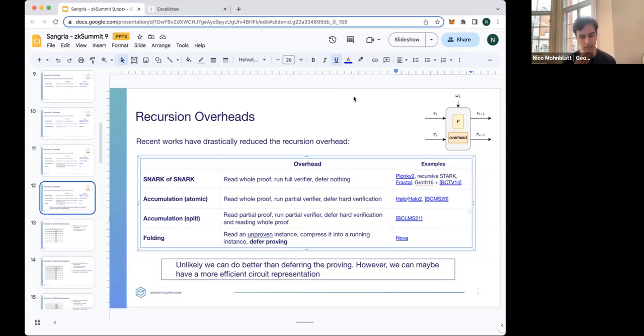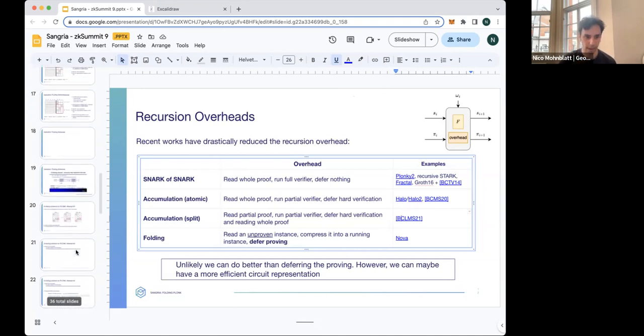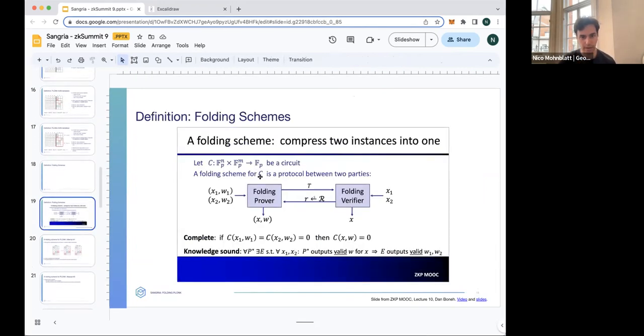The problem is you once again sort of lose the definition of folding scheme. You no longer have instance witness pairs of one relation being folded into an instance witness pair of the same relation. You're tinkering with the relation because you have this intermediate stage where the trace now has an extra column. So I think it does work, but we have to go through with it fully and actually have a proof for this thing. The proofs I saw were sort of on the right path, but a bit too hand wavy.